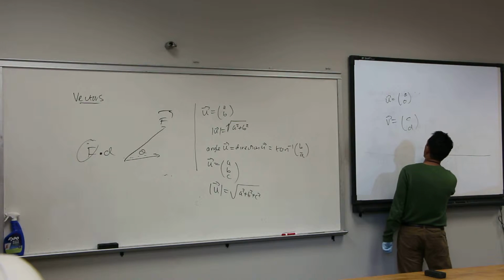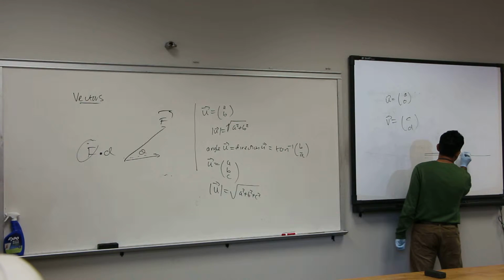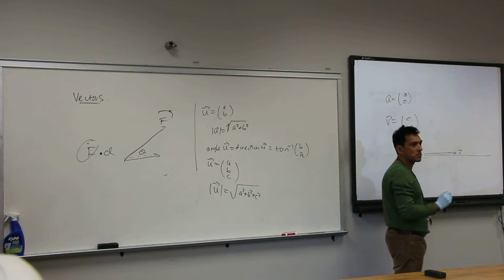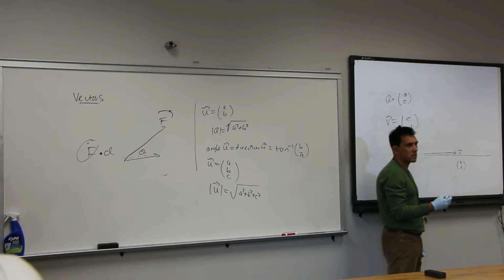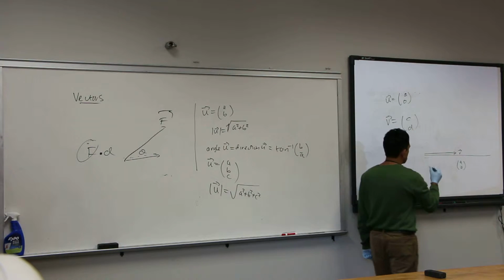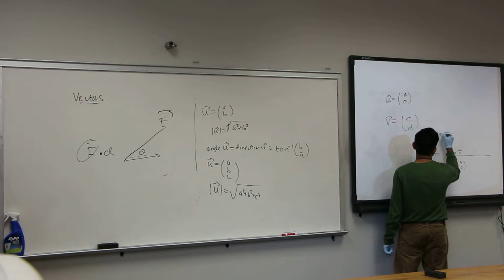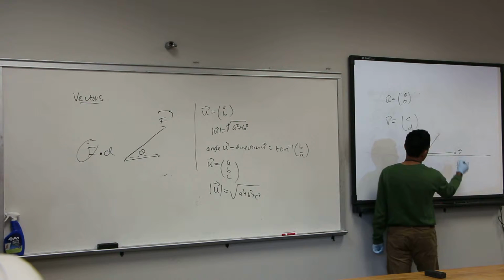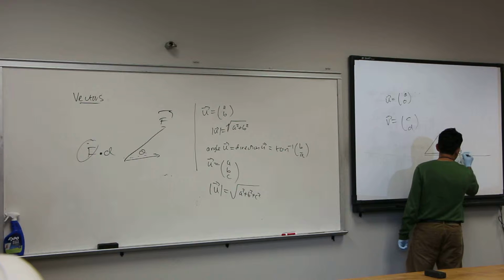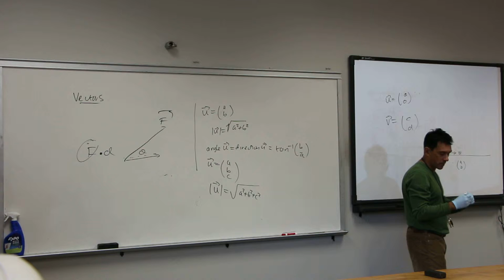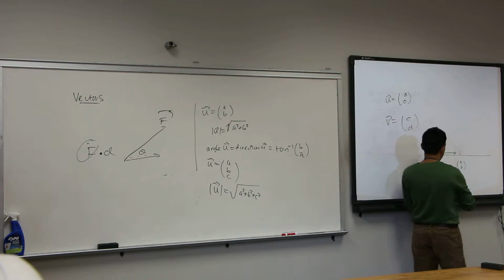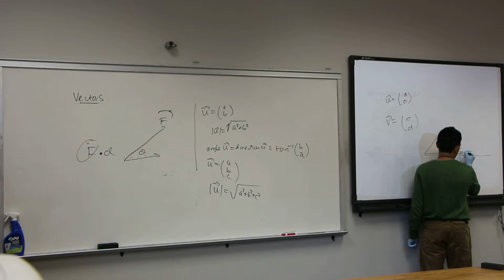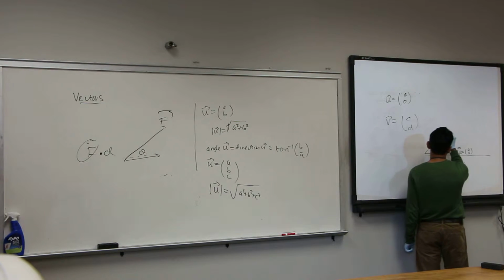So this is the vector U, which is A along and 0 up. And let us take the vector V, which is C along and D up.